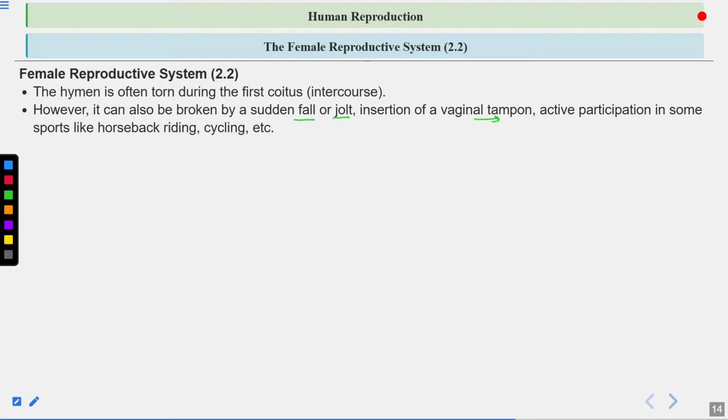Vaginal tampons are used by females during the menstrual cycle because there is bleeding during the menstrual cycle. Also, due to active participation in some sports like horseback riding, cycling, etc. Because of all these, the hymen can break.